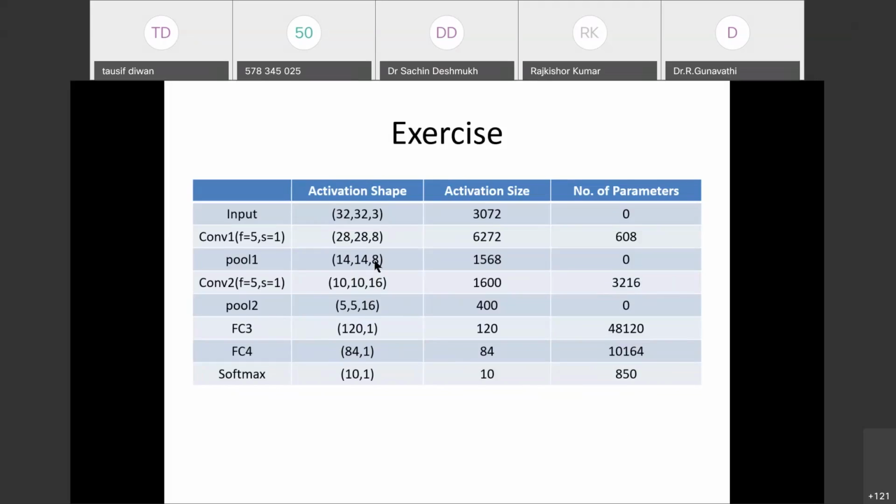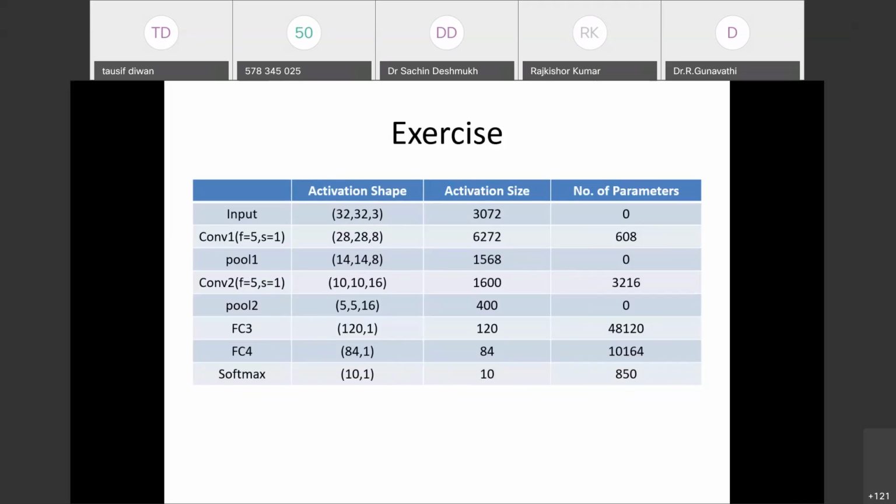Depth will be 8. First 25 weights will be for the first channel, second 25 weights for the second channel, third 25 weights for the third channel, fourth 25 weights for the fourth channel, and so on. Total 8 channels, so total 200 weights. 200 weights plus 1 bias. So total how many parameters? 201 for one filter.